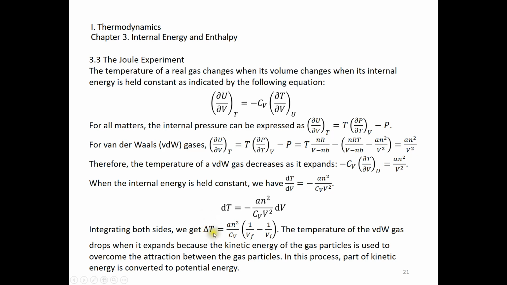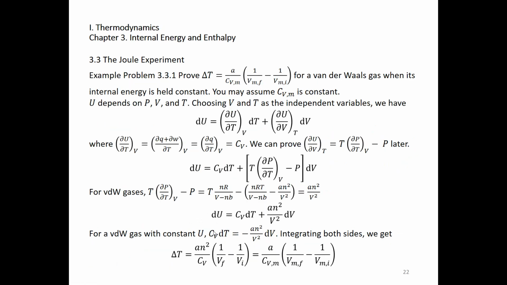We have a negative delta T. Again, if we use the van der Waals equation, if V final is greater than V initial, that means we need to overcome attraction. Where does that energy come from? From the decrease of kinetic energy, and therefore the temperature decreases.